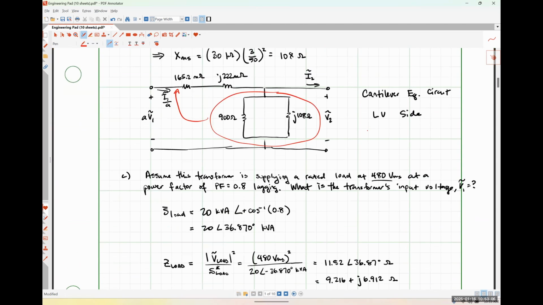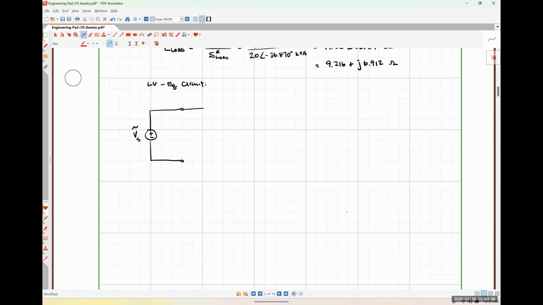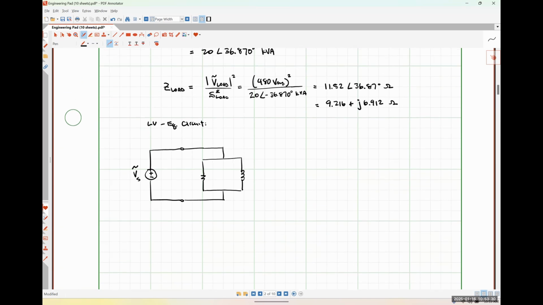You might be saying to yourself, why is he bothering to do that? The answer will be more obvious in just a second. So this is my transformer equivalent circuit. This is my secondary referred transformer equivalent circuit.